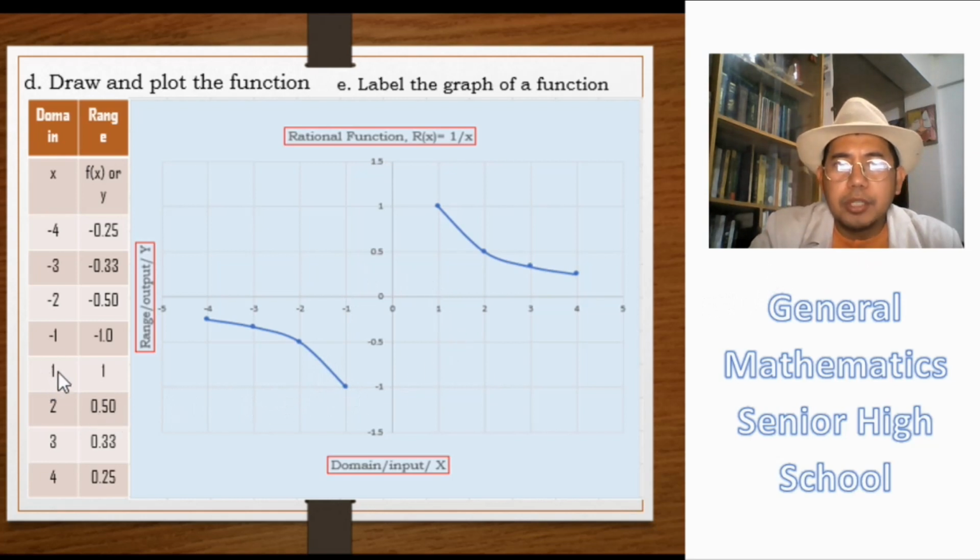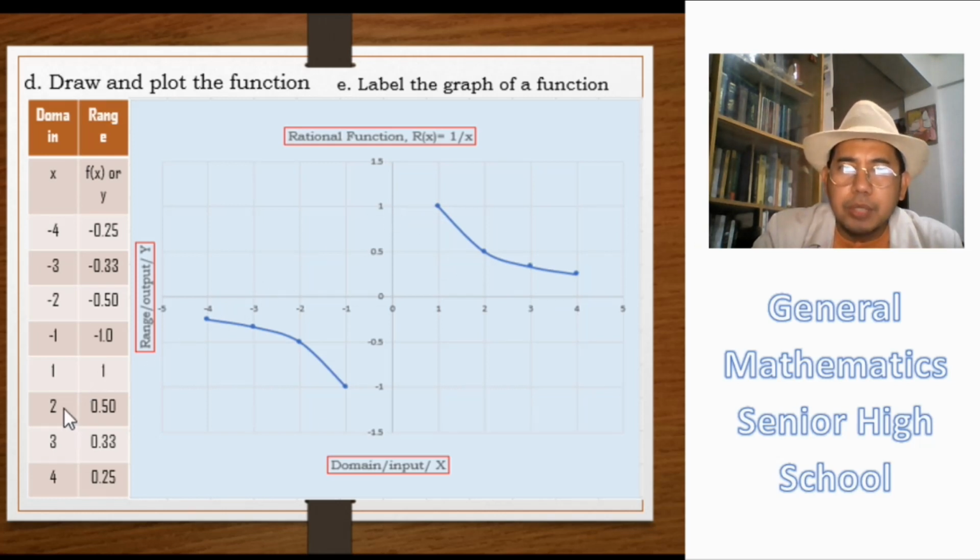What about if my x is positive 1? Of course, the value of my y is positive 1 also. Now, where is this coordinate? It is located in here. So this point corresponds to my positive 1 as the value of my x, and this point corresponds to the value of my y as positive 1.